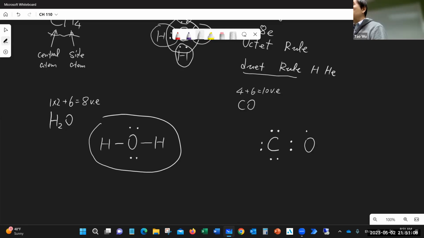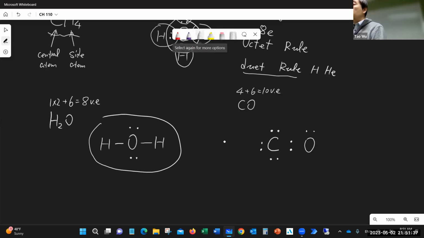Please do not assign the dots like this and then say, oh, perfect, everything is an octet. But did you count how many dots are over here? We have 14 dots assigned, which doesn't make sense, right? We only have 10 electrons, so you can only assign 10 dots.